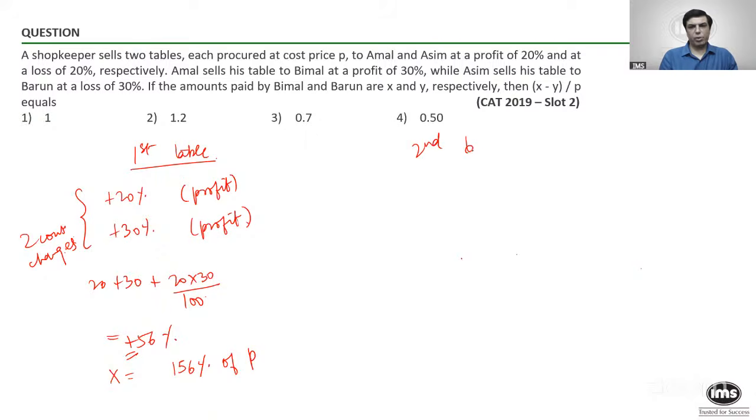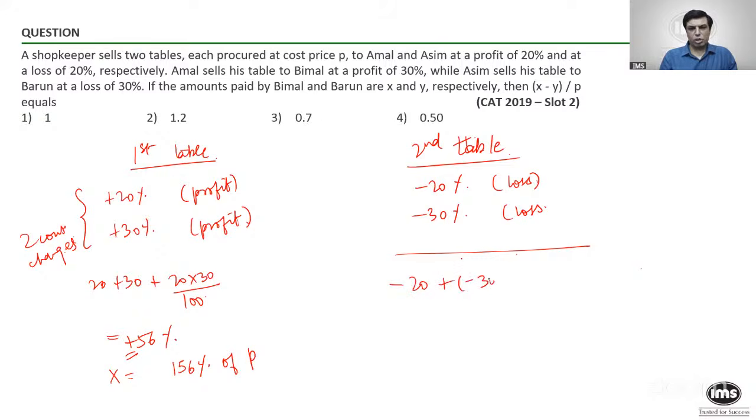on the second table again, you can see the first change is minus 20% because shopkeeper sold it to Asim at 20% loss. And then the second change is minus 30% because Asim has sold it to Barun at 30% loss, right? So again, if I use the same formula, first change plus second change plus first change into second change upon 100.